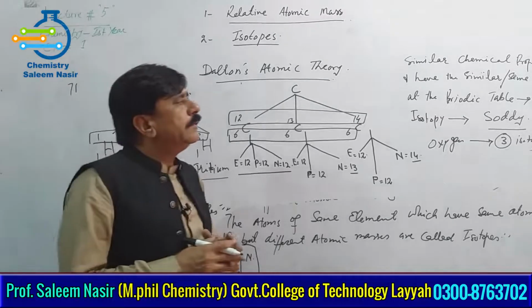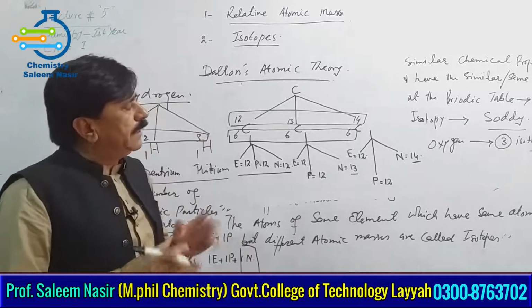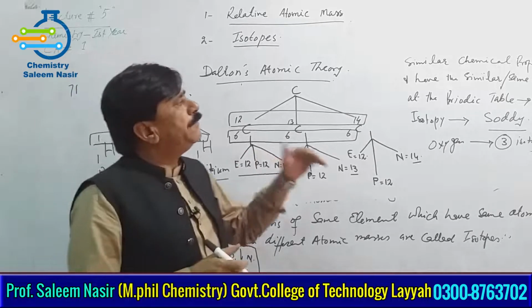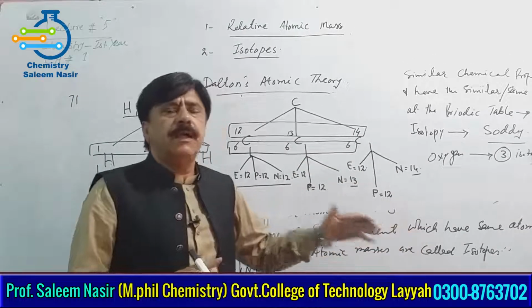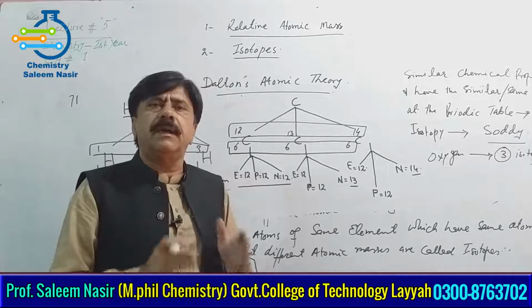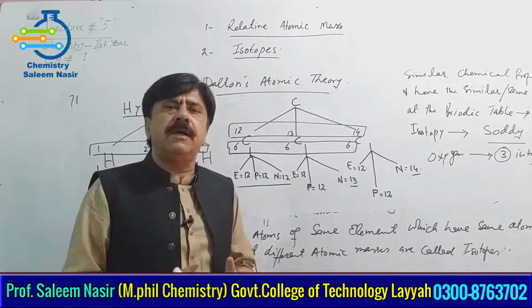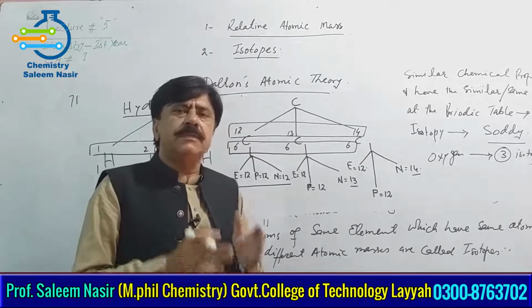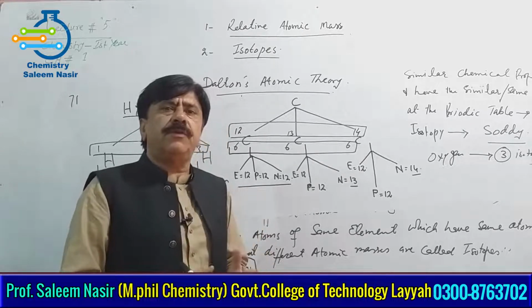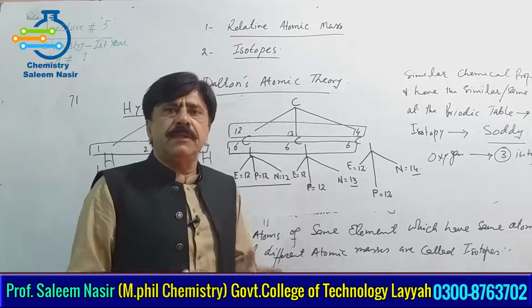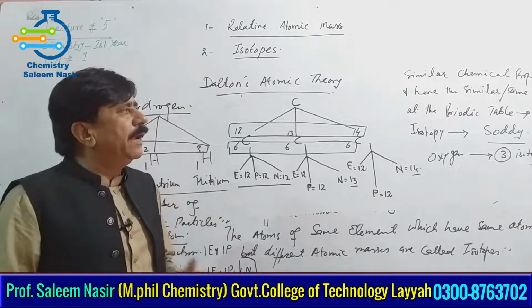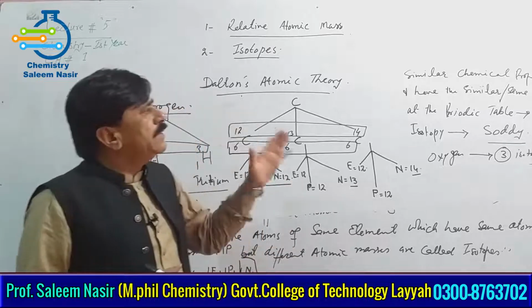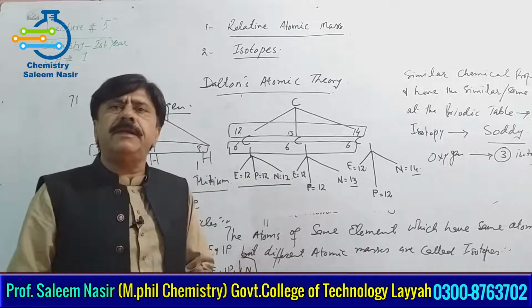Students, we have studied that different atoms have different numbers of isotopes, and this is due to the difference in the number of neutrons.